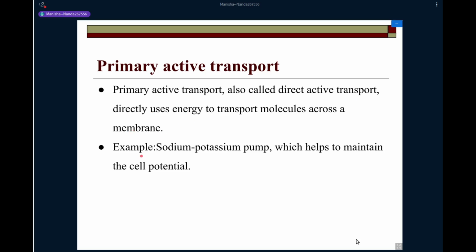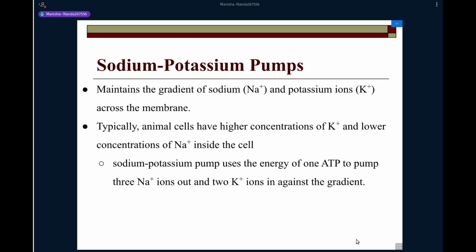We'll try to understand this with the example of the most common pump that is known, the sodium potassium pump, which helps to maintain the cell potential across the membrane by maintaining the concentration of sodium and potassium ions both intracellularly and extracellularly.